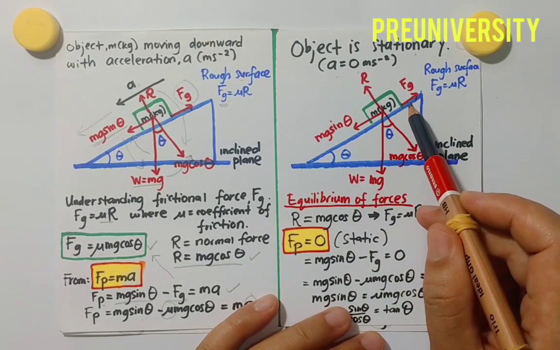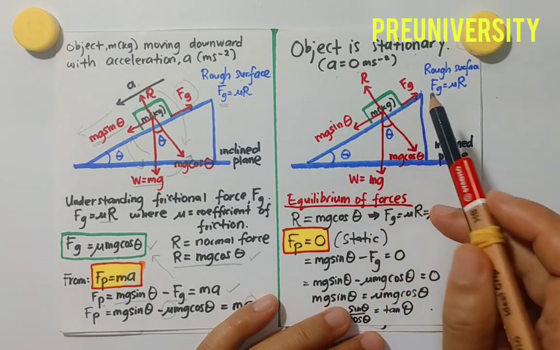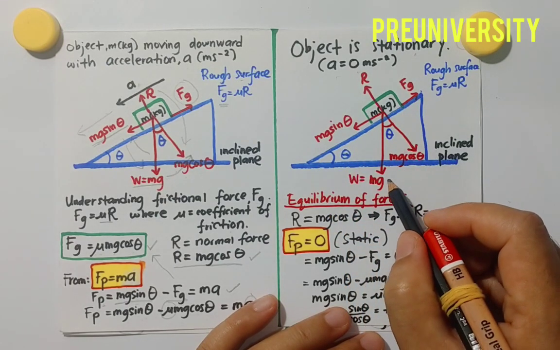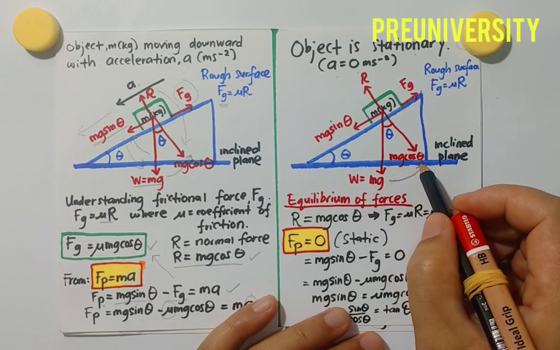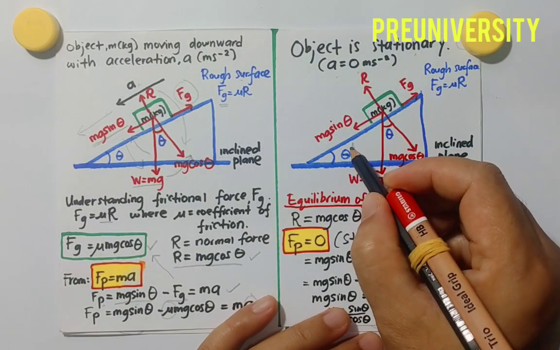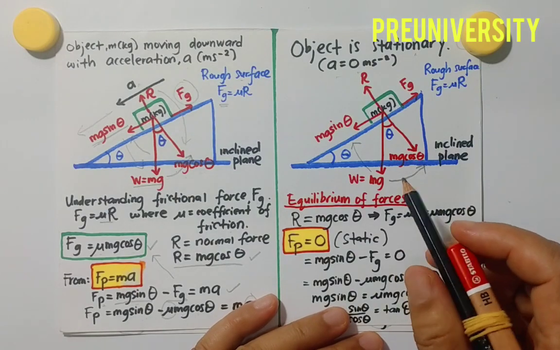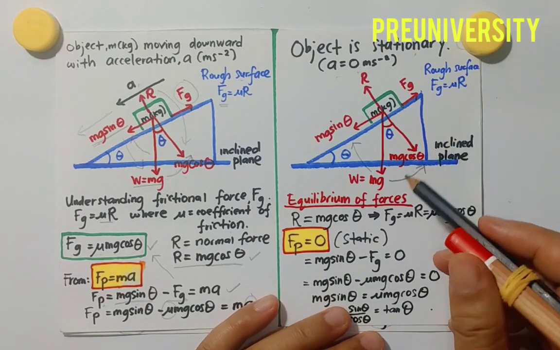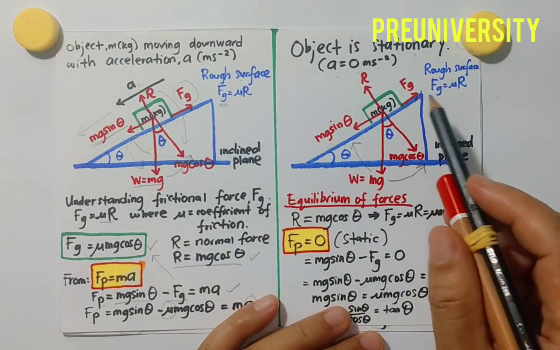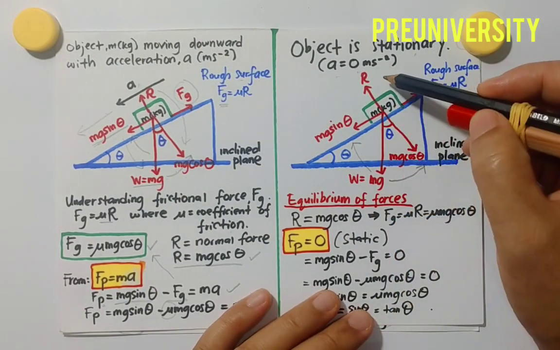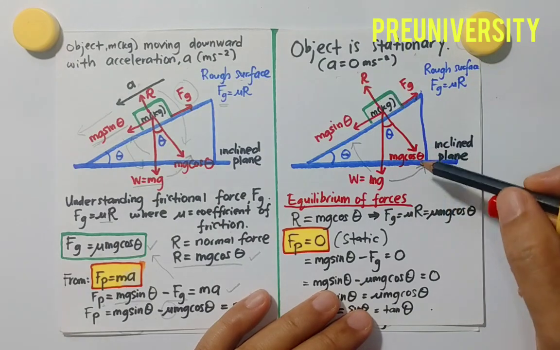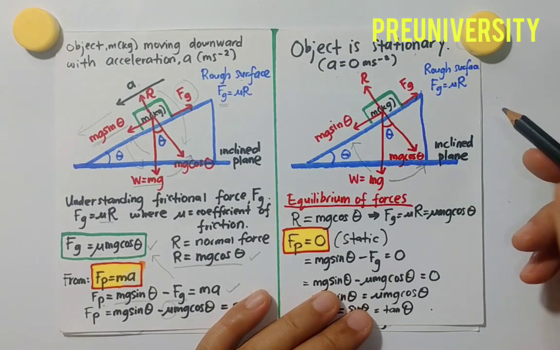So in this case, on the inclined plane, we resolve the component of weight to here, so we have mg cos theta, and then we resolve to here, so we have mg sin theta.